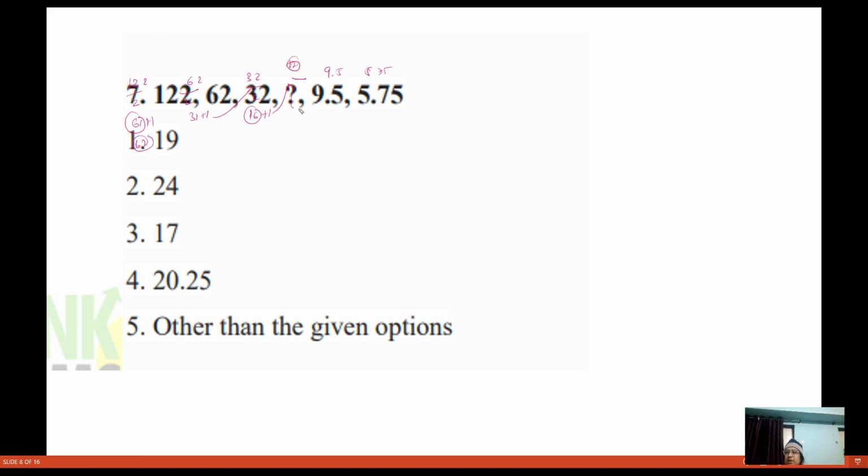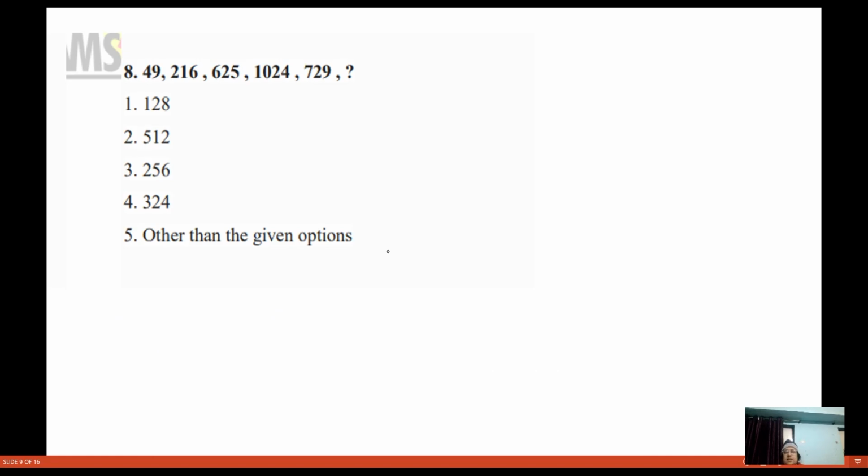And this divided by 2 is obviously 8.5, and 8.5 plus 1 is 9.5, and 9.5 divided by 2 is 4.75, so plus 1 is 5.75. So for each question we are having two logics. So that is it. No problem.